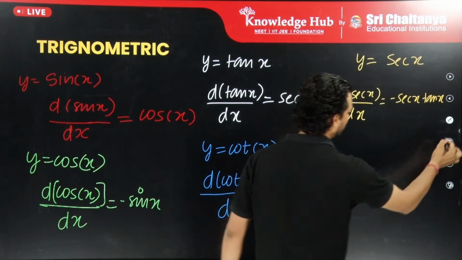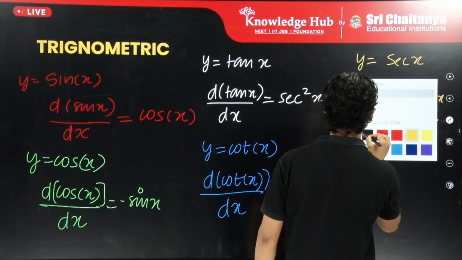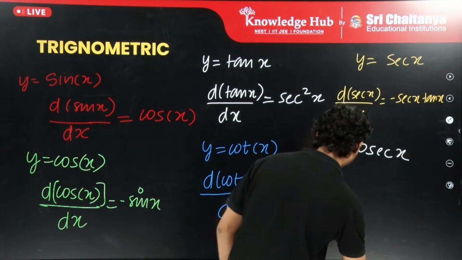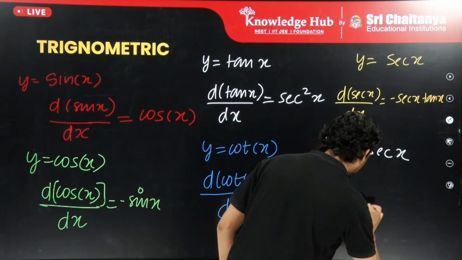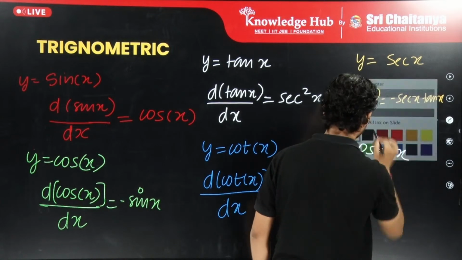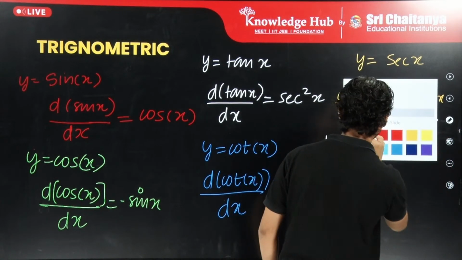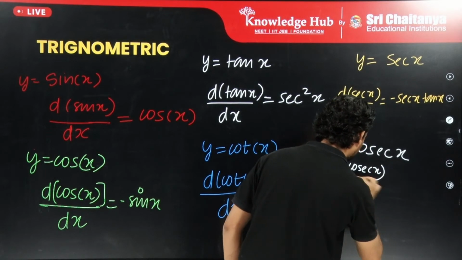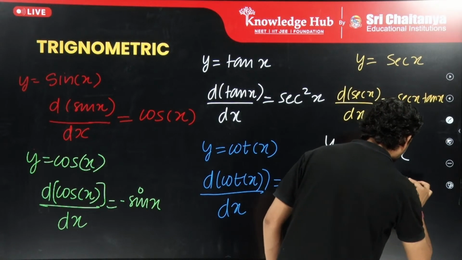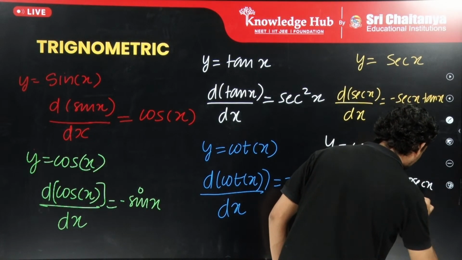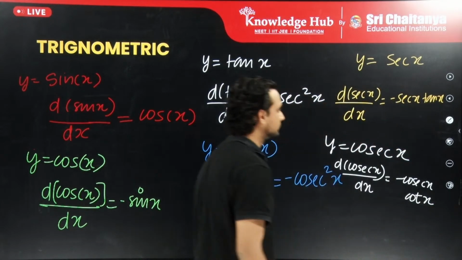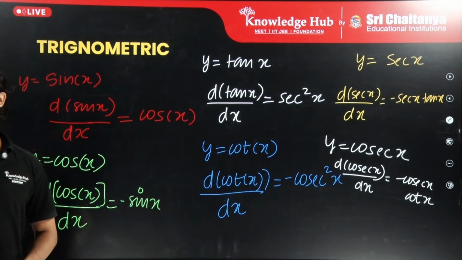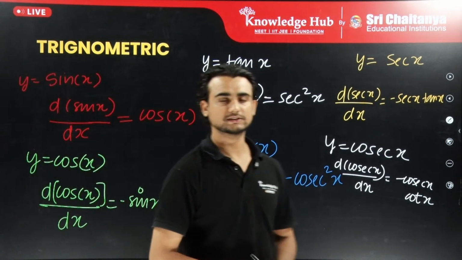Similarly, if I have y equals cosec x, differentiation of cosec x with respect to x is equal to minus cosec x cot x. So these are the 6 formulas to find the differentiation of trigonometric functions.